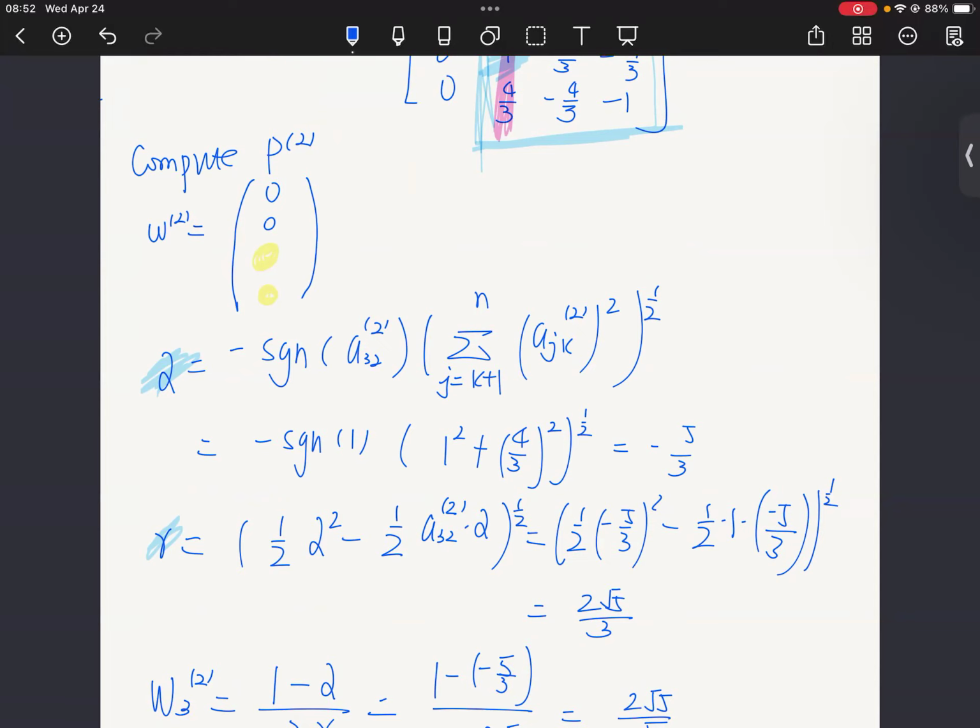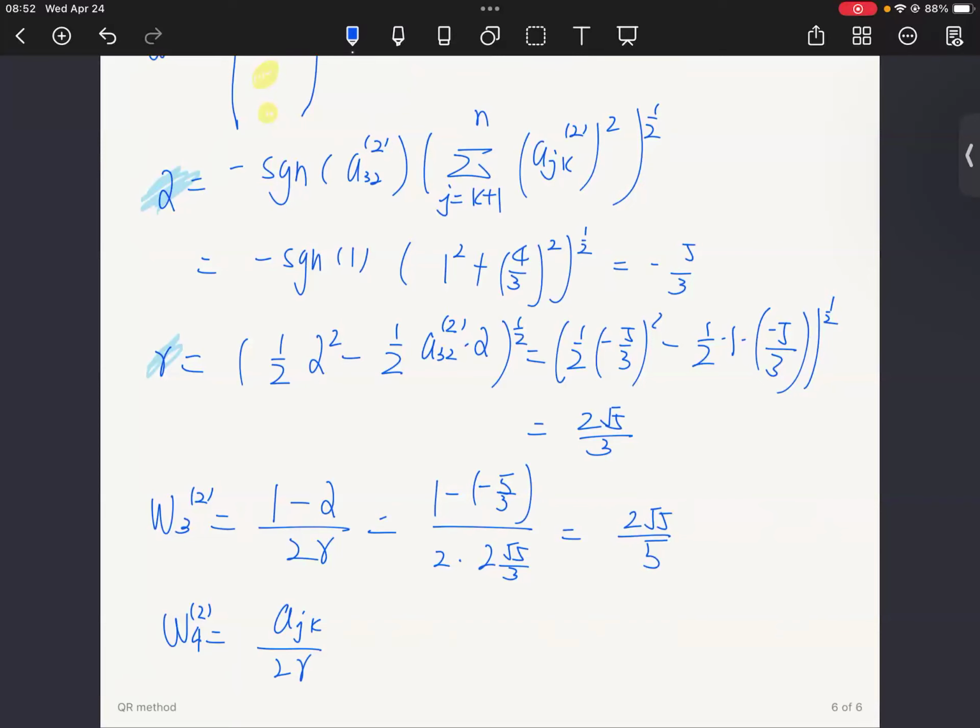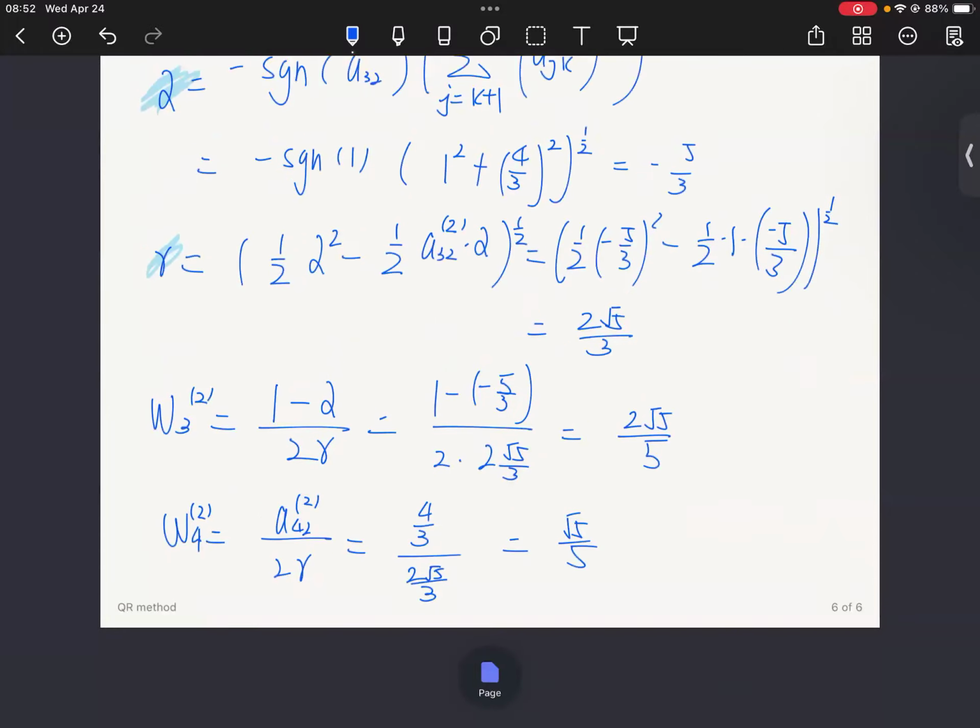The last one is 4/3, and J here equals 4, so A42 and then 2. So it's 4/3 divided by 2R, the side product, and I got the square root of 5 divided by 5.